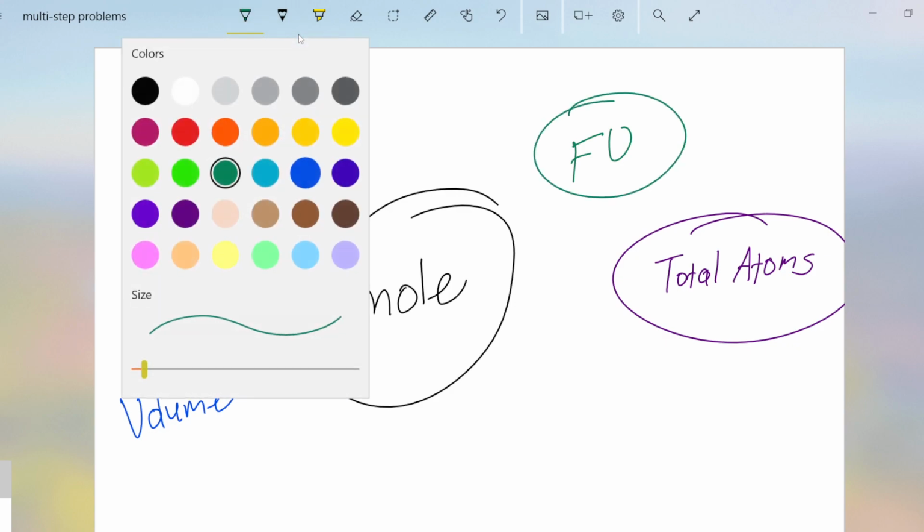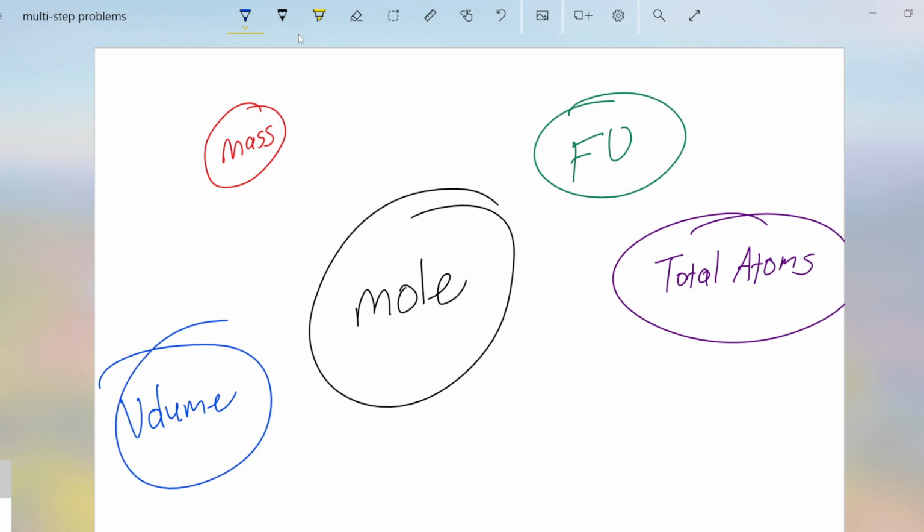Looking at these and where they are and how they're connected, you can see that we can go from Volume Island to Mole Island, and we do that by taking the 1 mole divided by 22.4 liters and multiplying that to whatever number we are given in the problem statement. We can also go from Mole Island to Volume Island, and we would do that by taking 22.4 liters and dividing that by 1 mole.